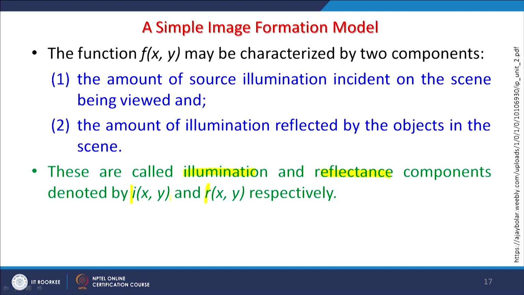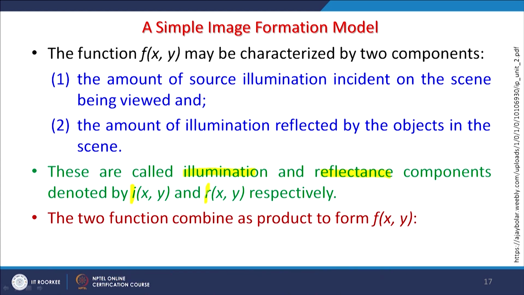So, I is the illumination and R is the reflectance respectively. These two functions combine as a product to form f of x and y, so we can write f of x and y equals I of x and y multiplied by R of x and y.